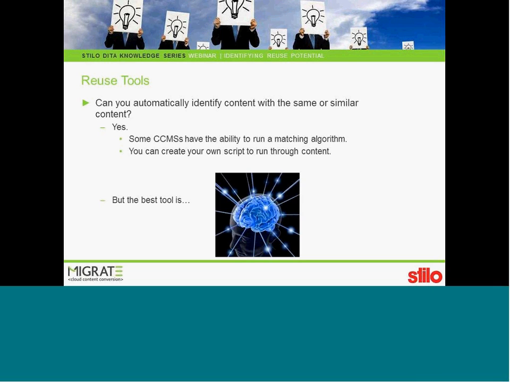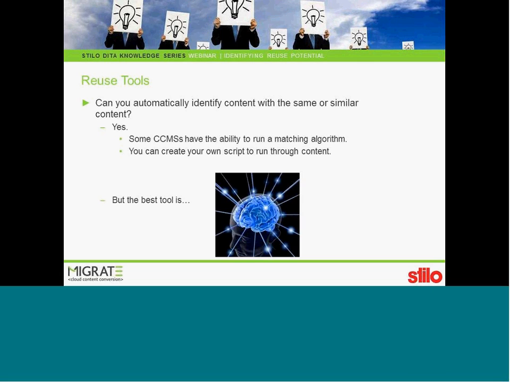If you're authoring and your content is almost exactly the same as something that's already stored in the CCMS, when you go to load and check it back in, it'll say, hey, you have this content that's 92% matching. Do you want to reuse it instead? And that prompt is great, and I think it's an important feature of a CCMS, but it doesn't replace a reuse strategy, which I will harp on today.